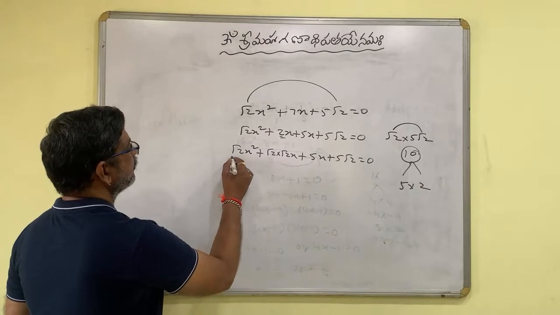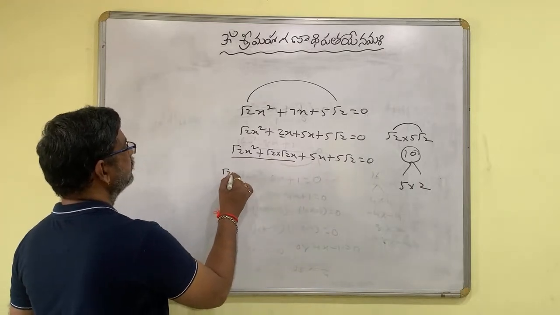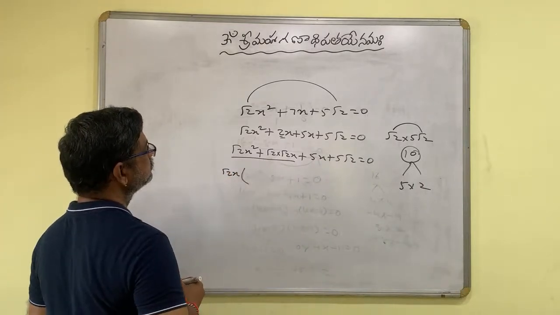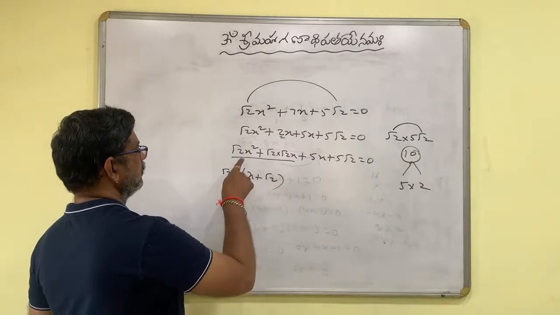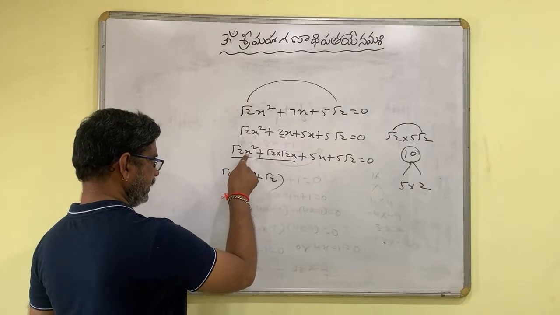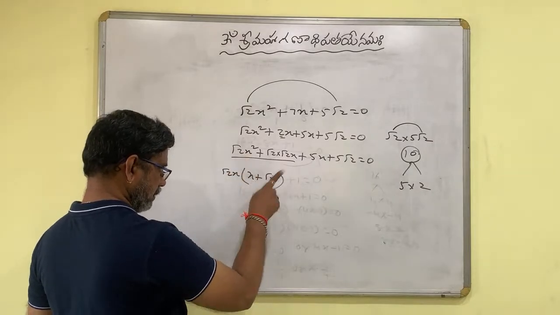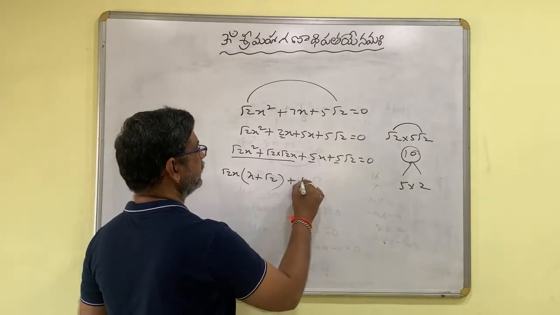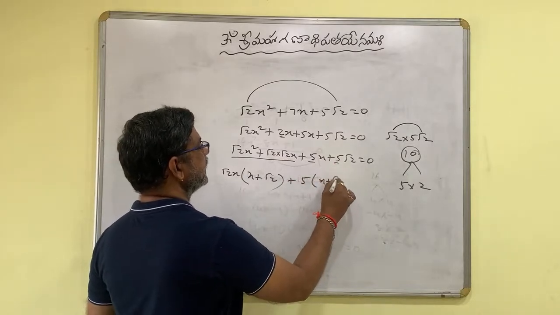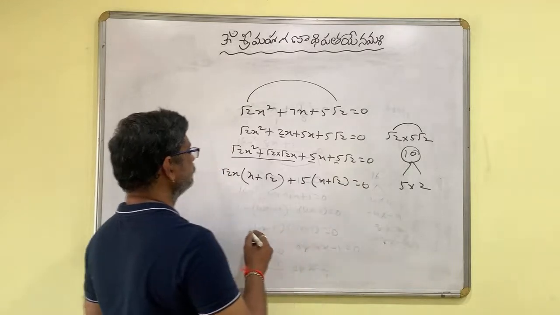Now, from the first two terms I can take √2x common, remaining is x plus √2. And here I can take 5 common, remaining is x plus √2.